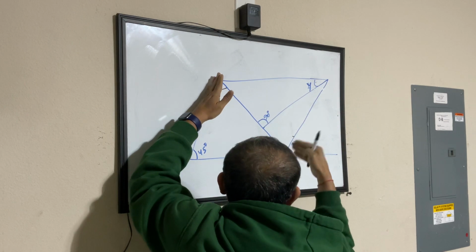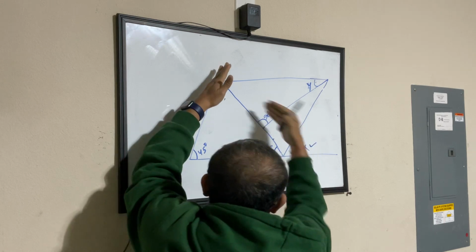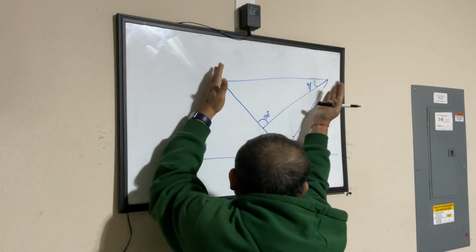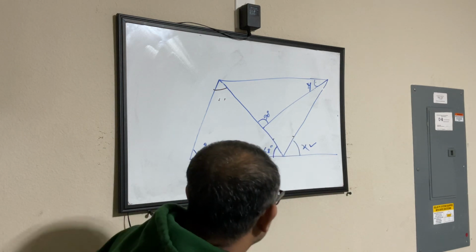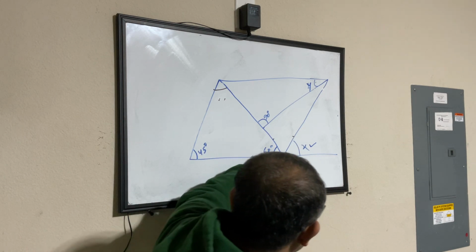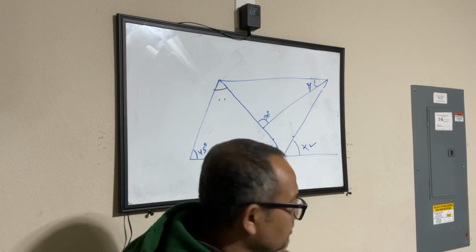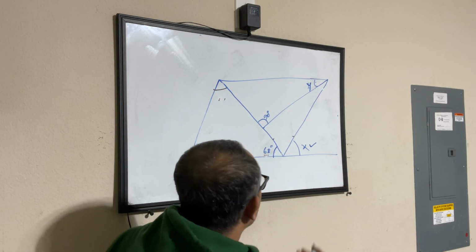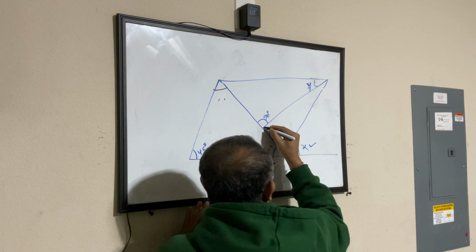So this line is like the diagonal intersecting both the parallel lines. And then this line is extended to make it 180 degrees, so there is a straight line. And from here, this is a perpendicular drop.